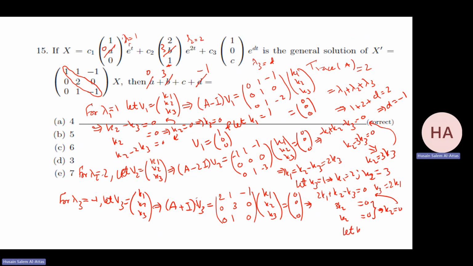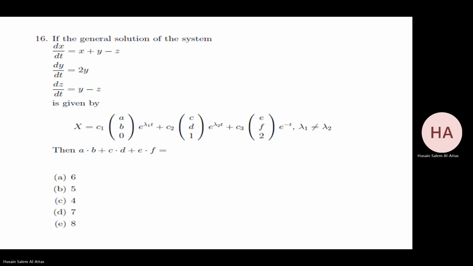So I let K1 equal 1, and K3 equals 2, and K2 is 0. So V3 is 1, 0, 2.